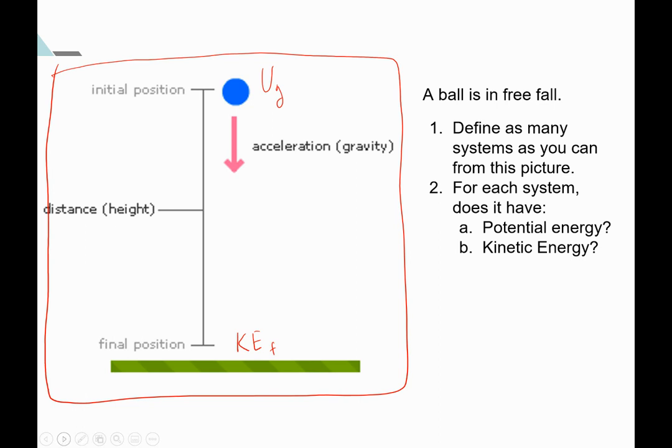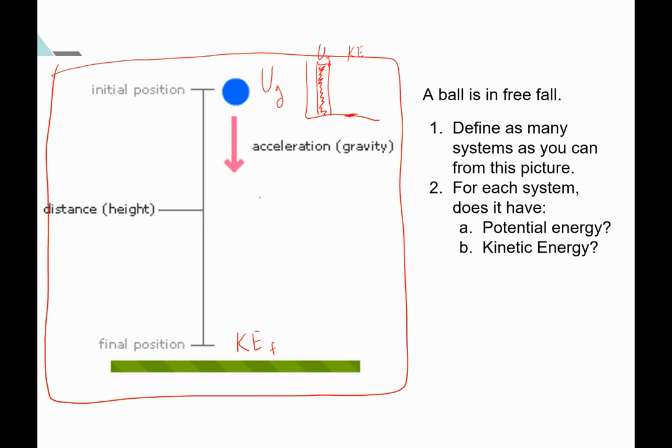Something that's important for you to note from this slide is that as the ball is dropping down, all your gravitational potential energy is going to convert to kinetic energy. So up here, you have a maximum of gravitational potential energy, and you have a minimum of kinetic energy. You have nothing.